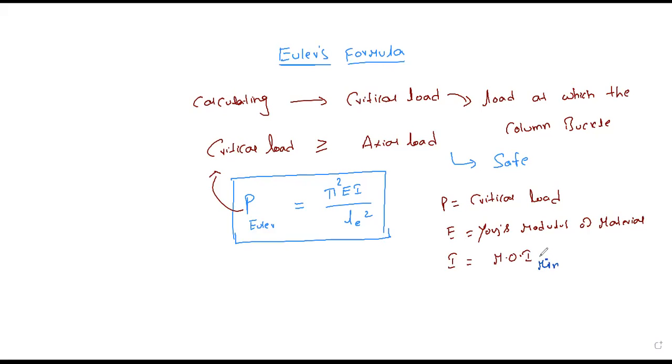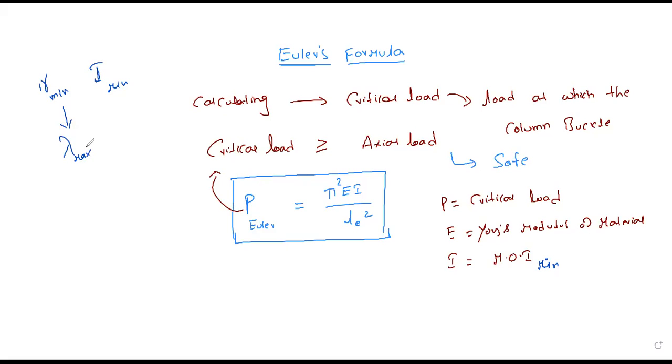Why? Because minimum moment of inertia leads to what? Minimum radius of gyration, isn't it? When r is minimum, the slenderness ratio will be maximum.